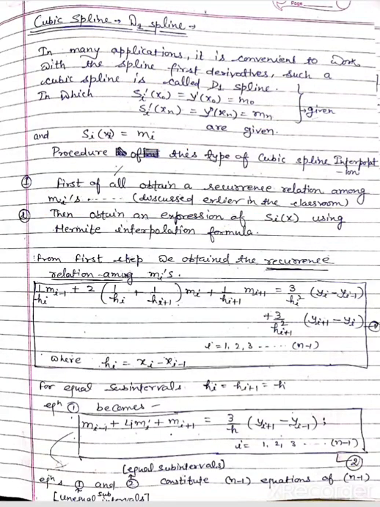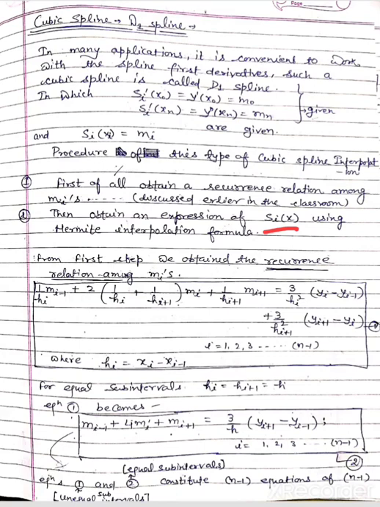And in the next step, after obtaining the different values of mi's, then obtain an expression of Six cubic spline Six using Hermite interpolation formula.